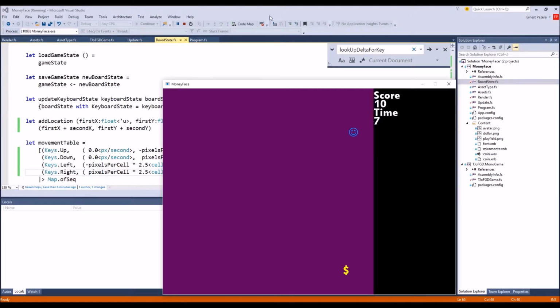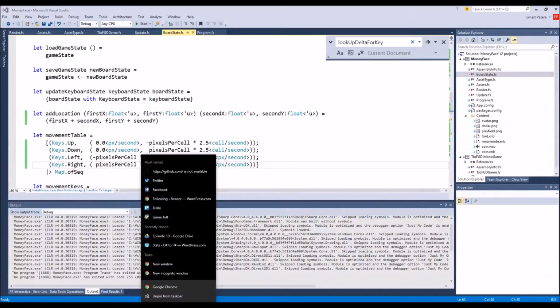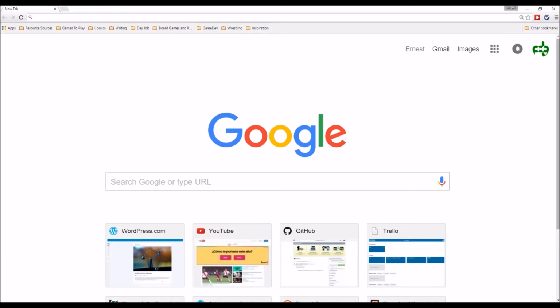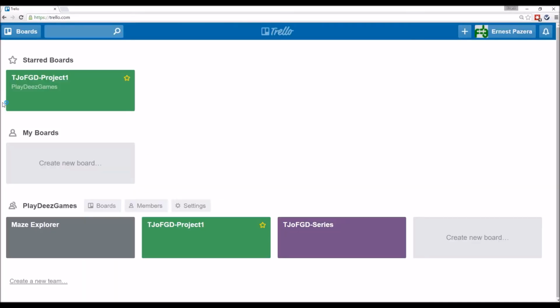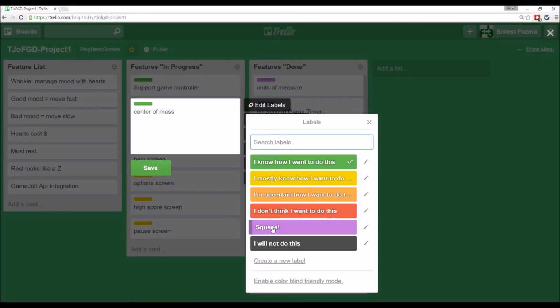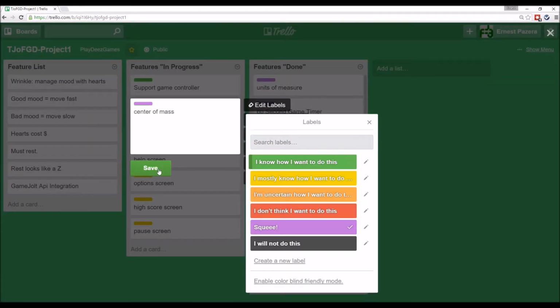And it looks like, alright, we've now got, where's my Trello? Trello. So center of mass, we totally killed it there. The label, take out that.